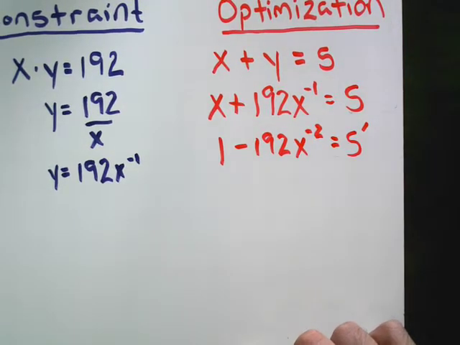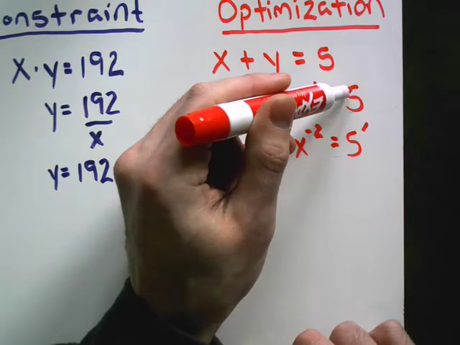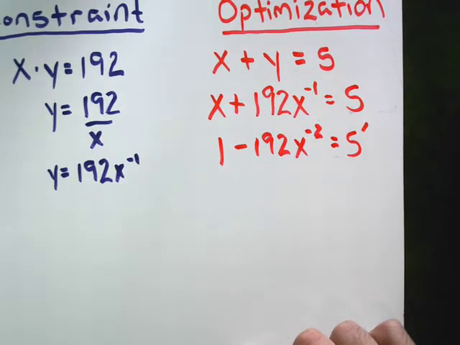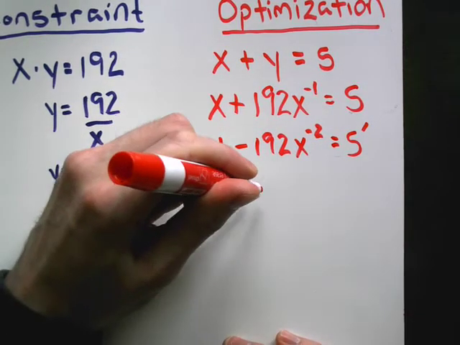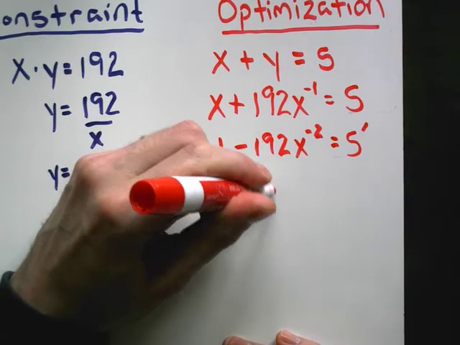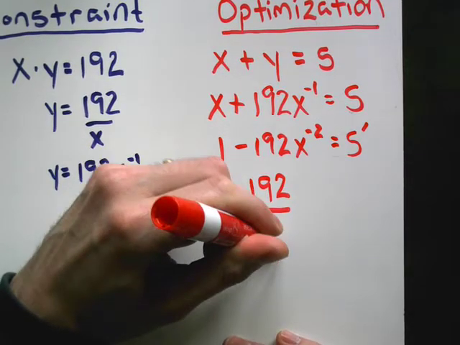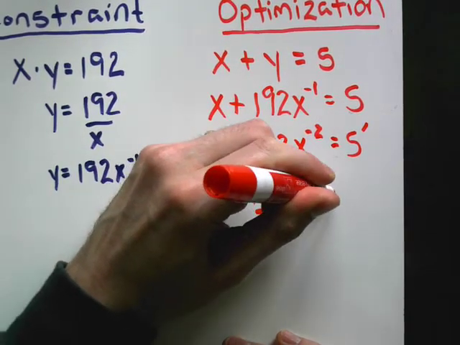Okay, so that's the derivative. So if this is our sum, s prime takes the derivative of that. Okay, so to find our critical point, we set our derivative equal to 0. So I'm going to say 1 minus 192 over x to the second equals 0.